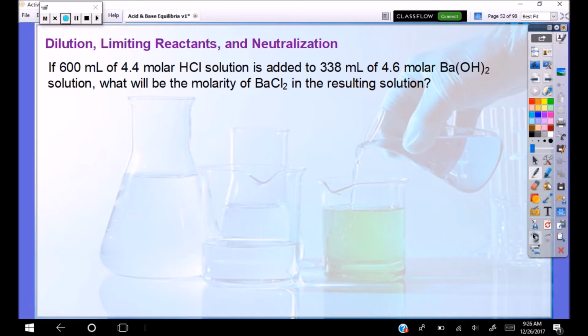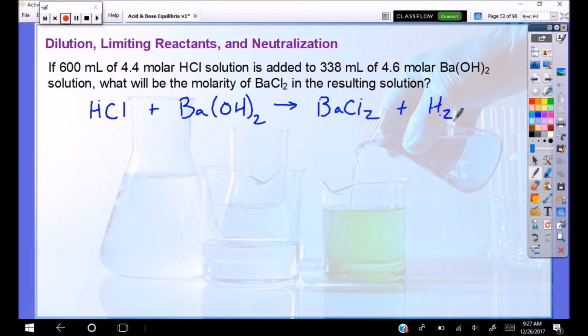So if I have a 600 milliliter solution of hydrochloric acid, 4.4 molar, and I add that to barium hydroxide, I know I'm going to end up getting my resulting salt, barium chloride, and water. I am going to have to balance this, so as I go through and balance, I'm going to check my waters first.